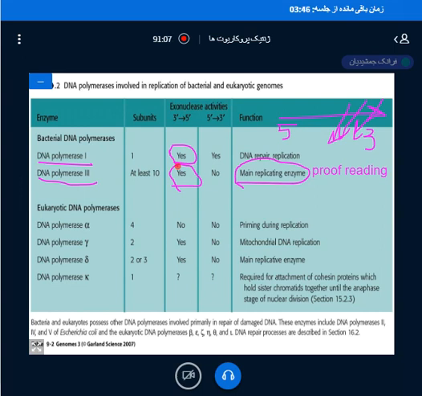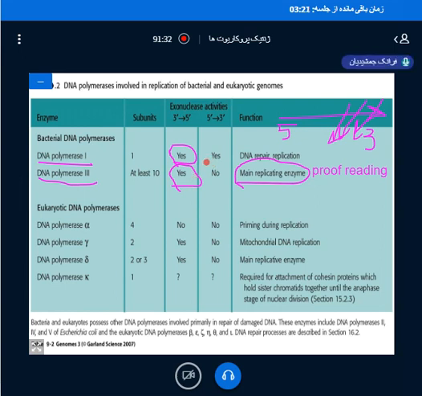So if an enzyme has 3' to 5' exonuclease activity, it has proofreading. Okay.